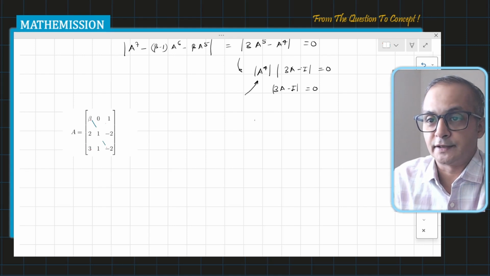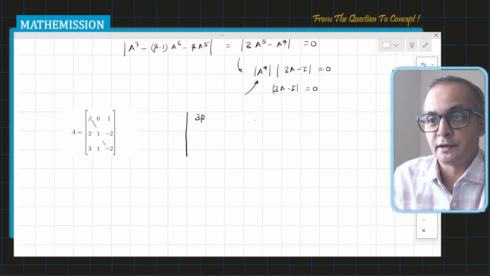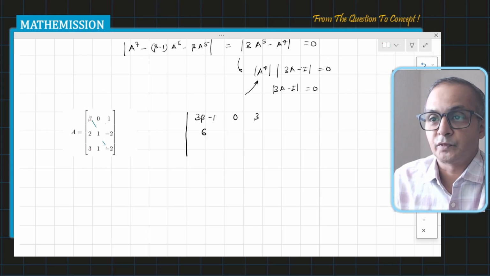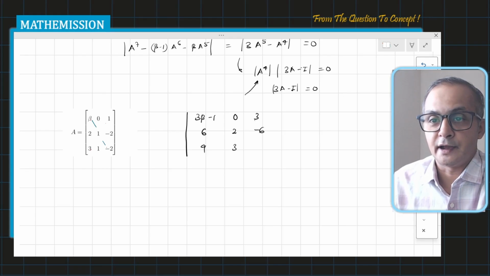So let's find 3A minus I. So 3A minus I will become nothing but 3 beta minus 1, and this will become 0 minus 0, then 3 minus 0, then 3 to the 6 minus 0, and 3 minus 1, that is 2, minus 6, then 3 is a 9 there, and then again 3 there, and minus 6 minus 0 is going to be minus 6.